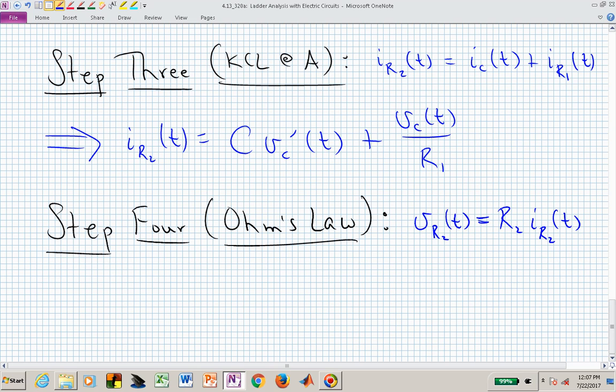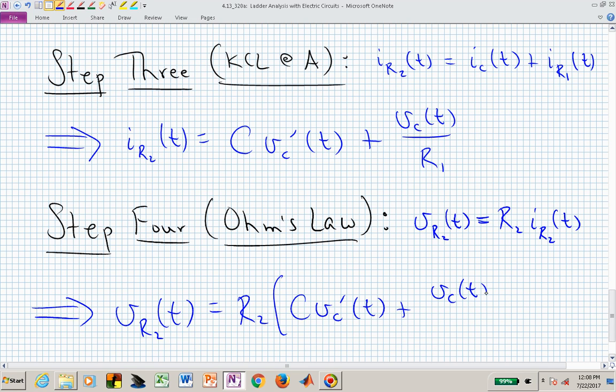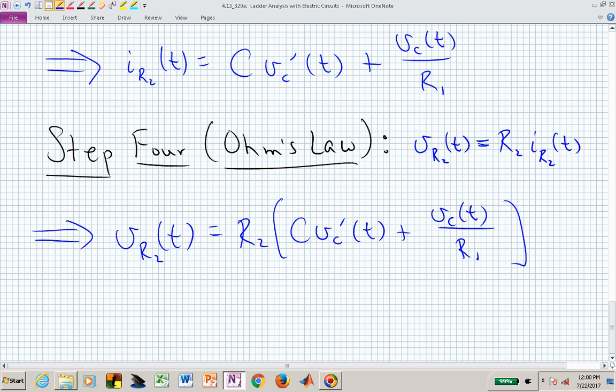That's Ohm's law. Now that we have I sub R sub 2 in terms of V sub C and its derivatives, we can likewise write V sub R sub 2 in terms of V sub C and its derivatives, where R sub 2 is multiplying I sub R sub 2, which is C V sub C prime of t plus V sub C of t over R sub 1. That's step 4.